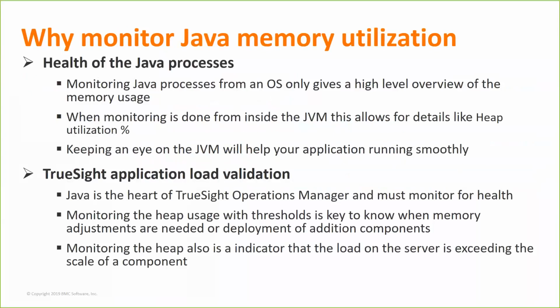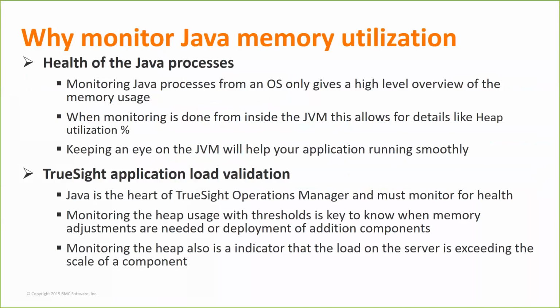So why do we monitor the Java memory utilization? Well, looking at it from an OS point of view, it's kind of deceiving. You get the heap and non-heap memory all together, and you're not really sure what's being used by the heap. So being able to instrument the Java process, we can look at the heap, non-heap, and we can look at garbage collection that's happening.